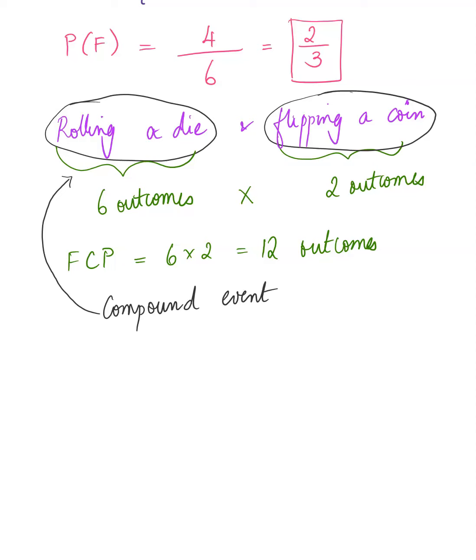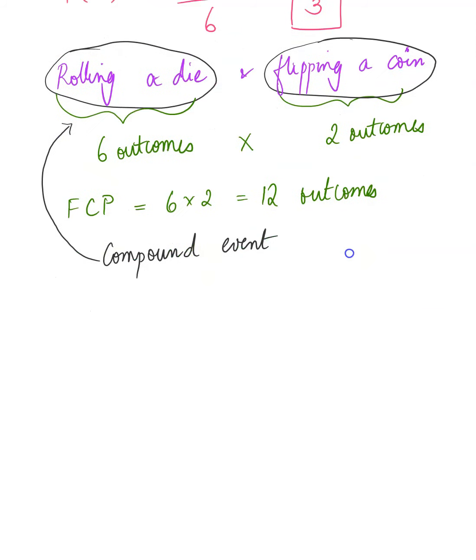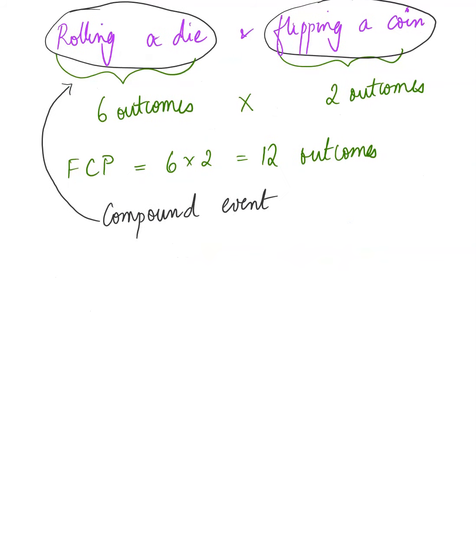So I'll give you an example here and then we can take it from there. Let me set up this example. Now we have 2 events, compound events. I'm just going to use A and B. Now we are rolling a die. Let me write that.